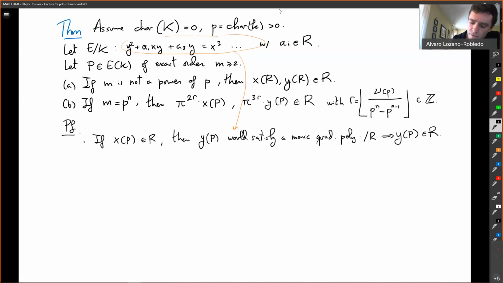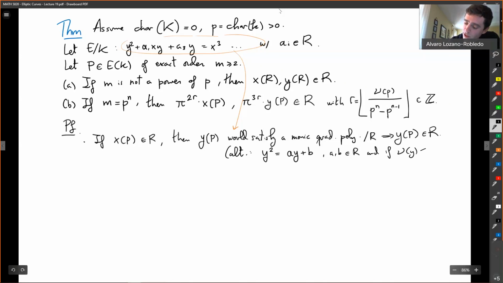Alternatively, y squared of p, once you solve for it, would be something of the form a y plus b with a and b integers, and if the valuation of y was negative, then this equation would be impossible, because the valuation of the left-hand side would be smaller, more negative, than the valuation on the right-hand side.